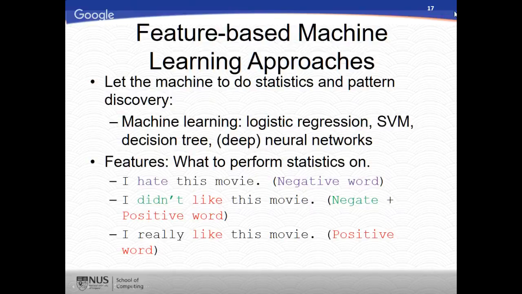For example, since "hate" is a clue to understand this sentence, for this instance we just encode that there is a negative word in the sentence. For the second sentence, since "didn't" and "like" are the clues, for this sentence we have a negative word and also a positive word.